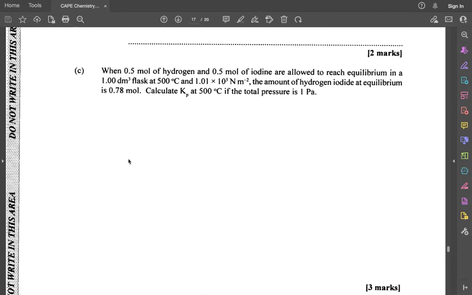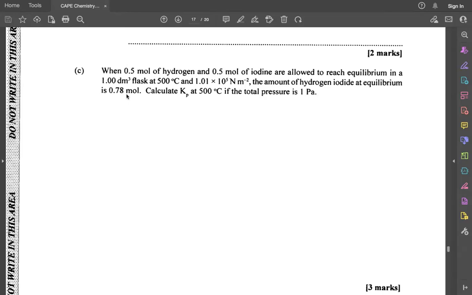They're saying that when 0.5 moles of hydrogen and 0.5 moles of iodine are allowed to reach equilibrium in a 1.00 dm cubed flask at 500 degrees C and 1.01 times 10 to the 5 newton per meter squared, the amount of hydrogen iodide at equilibrium is 0.78 mole. Calculate Kp at 500 degrees C if the total pressure is 1 Pascal.